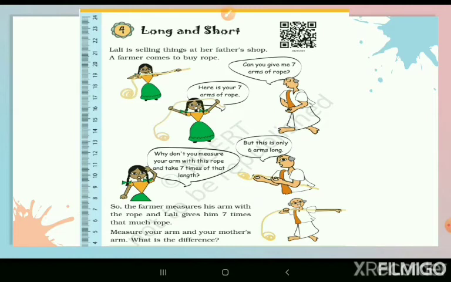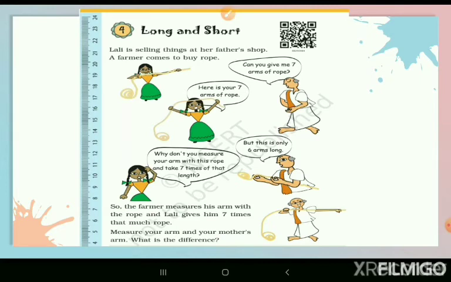The farmer observed that the rope was only 6 arms long. So now Leila was confused. So she says, "Why don't you measure your arm with this rope and take 7 times of that length?" Okay, so children, here what did you observe? You observed that different people have different arm lengths, isn't it? So as he was a grown-up farmer, his arm was longer than Leila's.